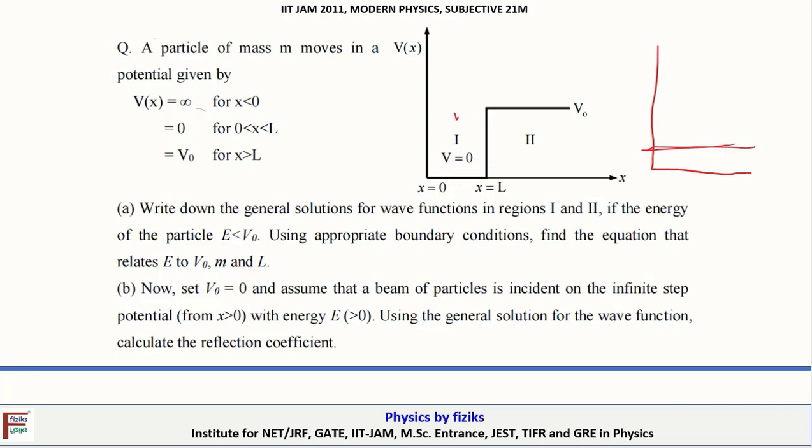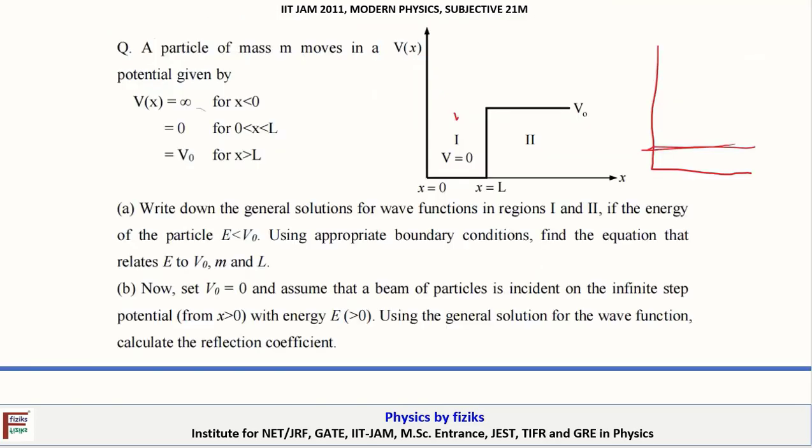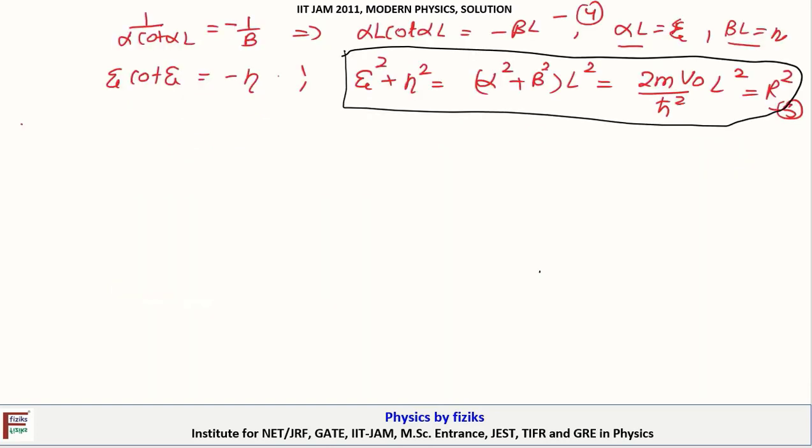Using the general solution for the wave, calculate the reflection coefficient. So we have to determine what the reflection coefficient could be for this. General solution for the wave function. Now, solution for B.